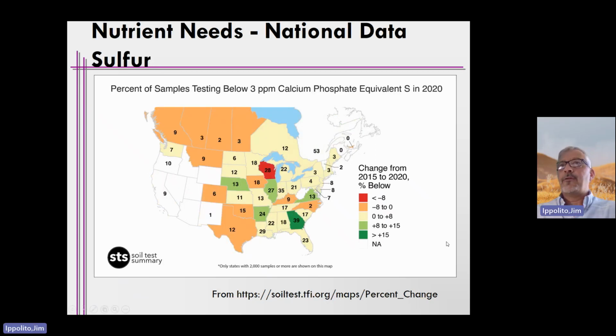The next graph shows you sulfur. And these are sulfur requirements and the needs of sulfur across the US. And you can see that sulfur is not really needed in great quantities in most states. And that's because our soils tend to contain enough sulfur to supply the sulfur needs for plants.